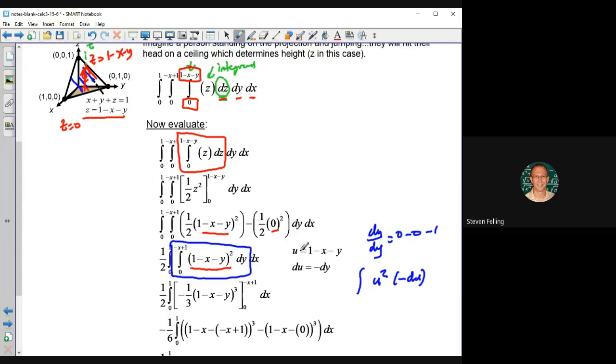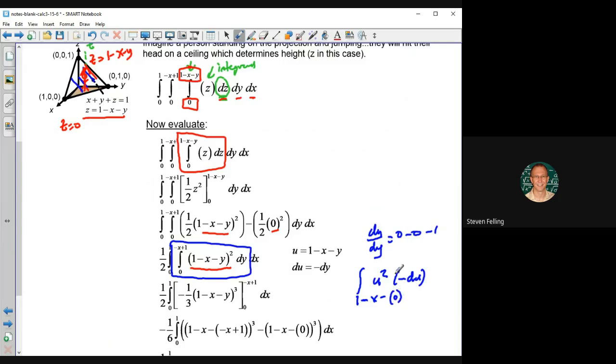So let's just be careful about that. When we do the 0, we're plugging the 0 in for y. So we would now have, let's see, 1 minus x minus, and then for y, we would be plugging in 0.